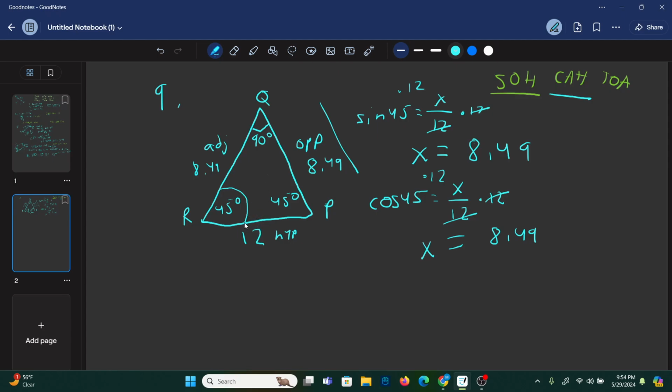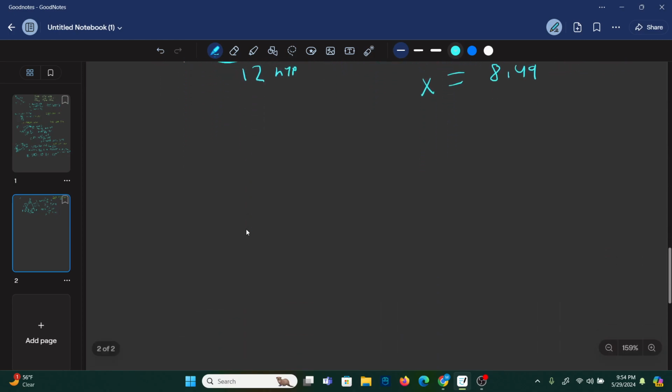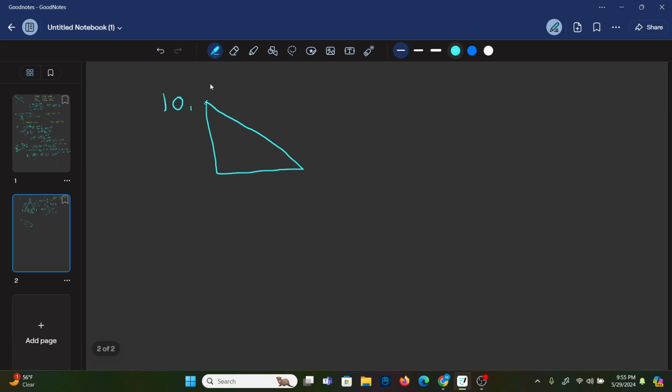Okay. So for problem number 10, we have another right triangle. We have triangle TSU. And we have 60 degrees, yeah, 30 degrees, and this side, which would be equal to 8 root 3.